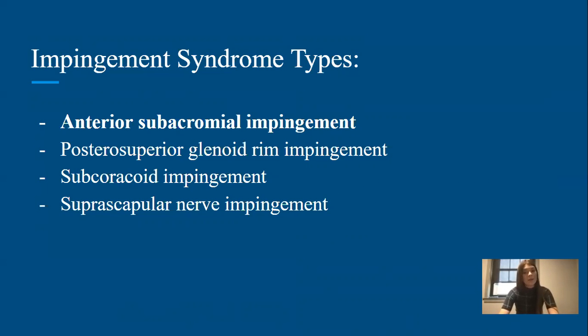The subcoracoid impingement is potentially caused by a posterior rise of the humerus in a plane of 30 degrees combined with internal rotation. And then there's also suprascapular nerve impingement, which is potentially caused by intrusion of the suprascapular nerve.